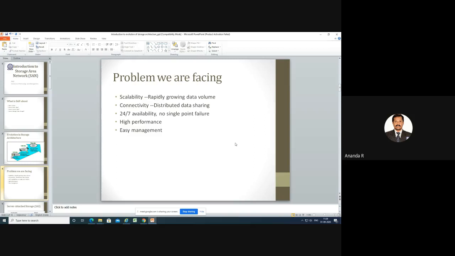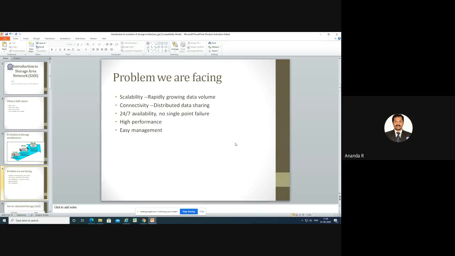The second is connectivity. Nowadays everybody depends on their mobile phones for all operations: for mail checking, browsing, office work, making calls, and so many other things. When we depend so much on connectivity, distributed data sharing is a very important thing here.